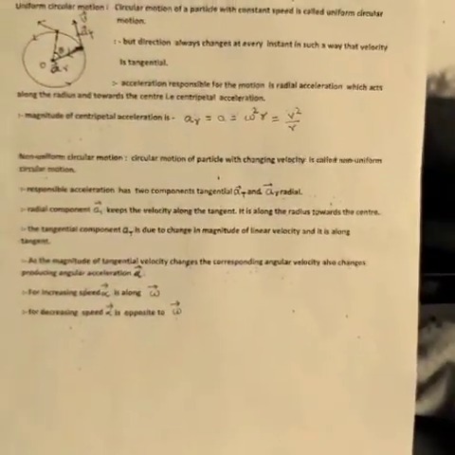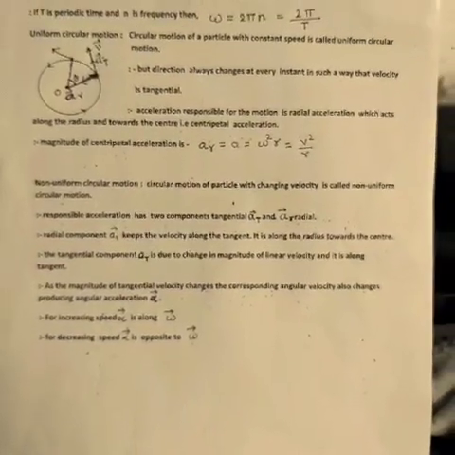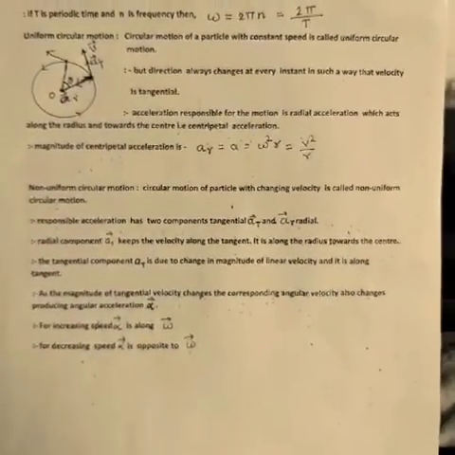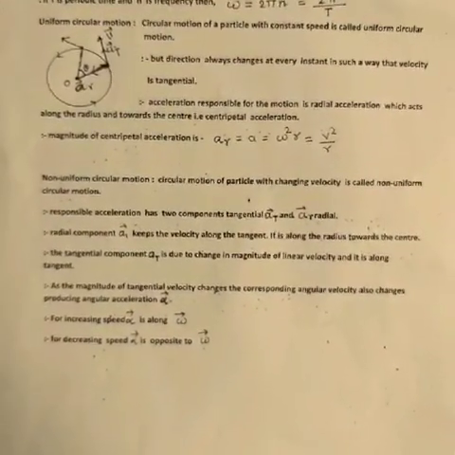Again, you know that if the speed of the particle in a circular motion is constant, then we say such a motion is a uniform circular motion.